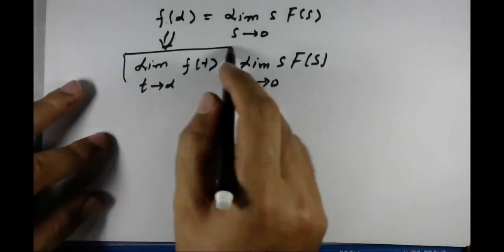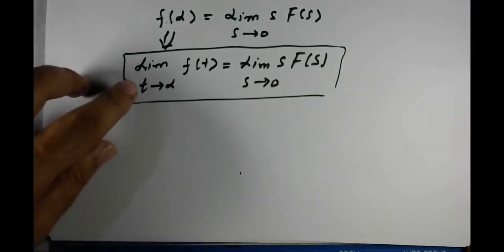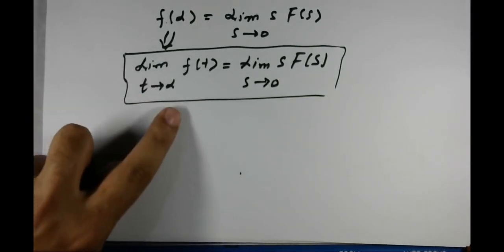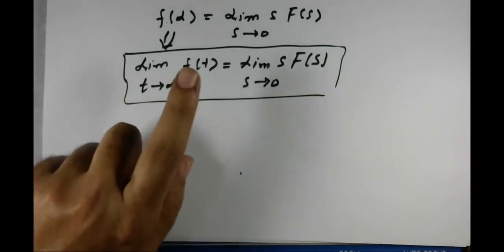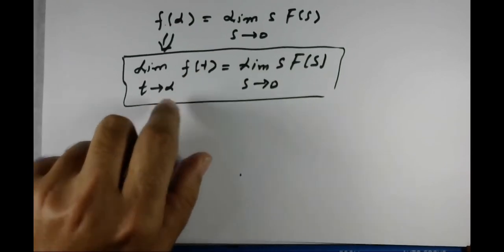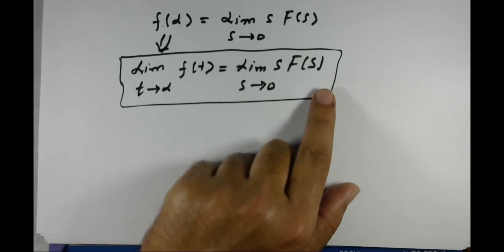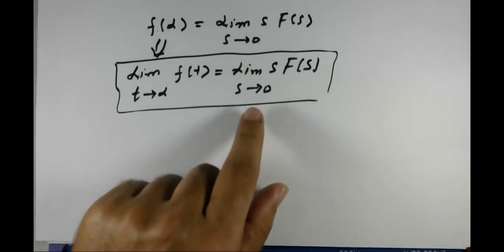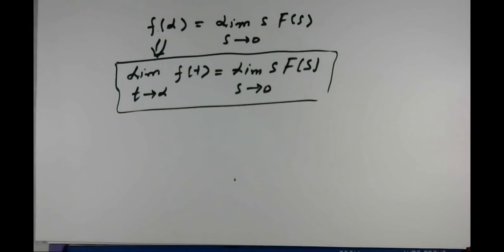And what is this? In the time domain, when time approaches infinity, we are interested in the system response at this time. But we don't have f(t), we have F(s). So what we do for F(s) is we multiply with s, and s approaches 0. That will be our limit.